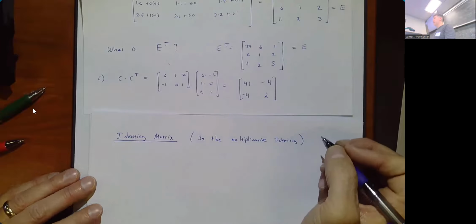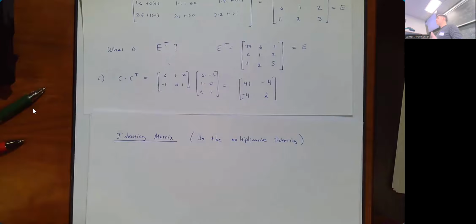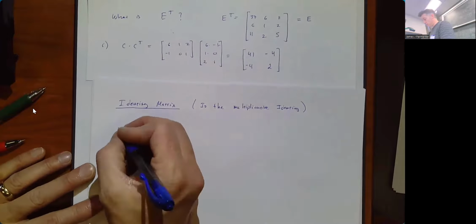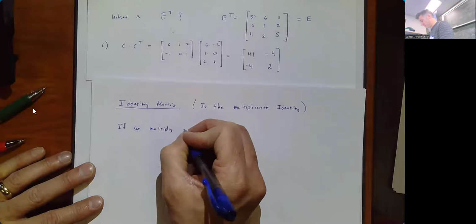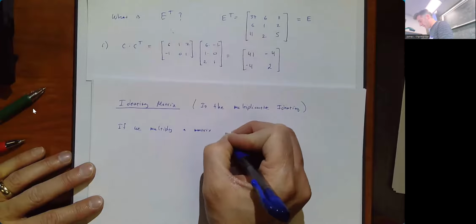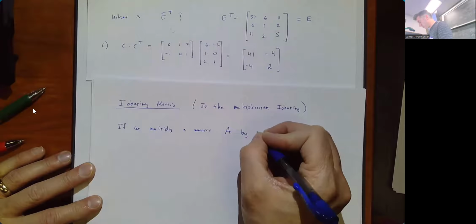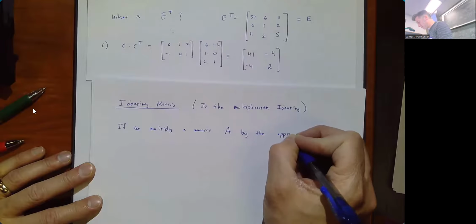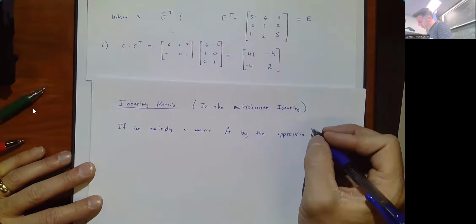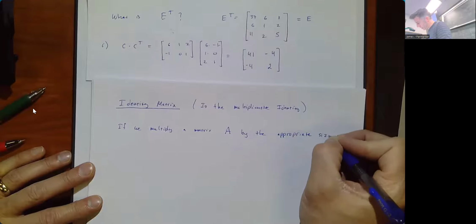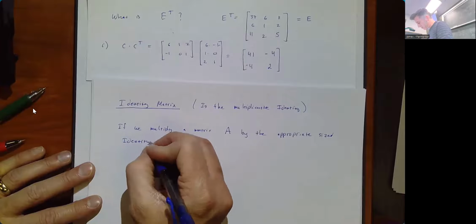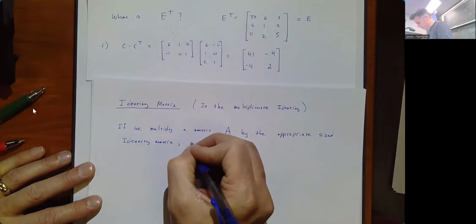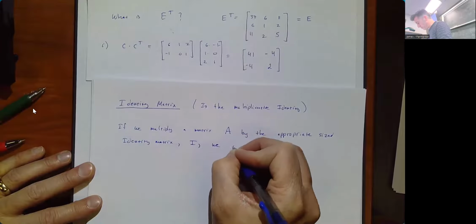So what I would say is an identity matrix is the multiplicative identity. And what it means is, I know we haven't written it down, but we're about to. If you multiply any matrix by an identity matrix, it won't change it. So if we multiply a matrix, let's say A, by the appropriate sized identity matrix, which we're going to label as capital I, then we get A back.